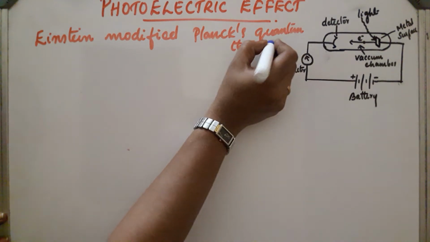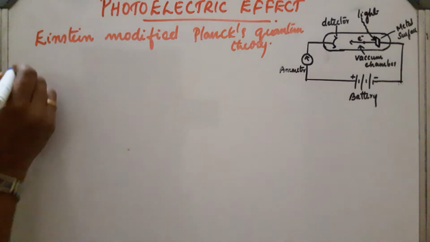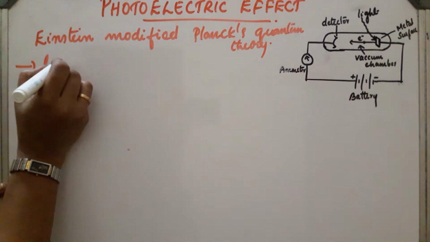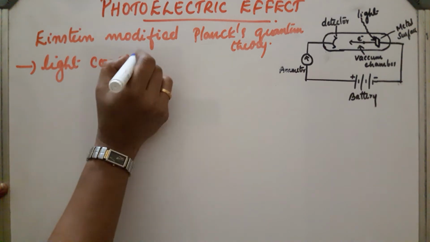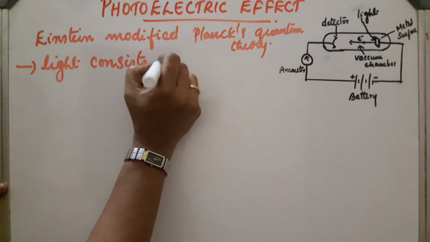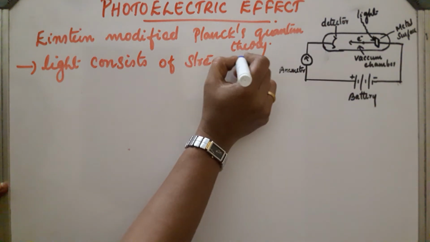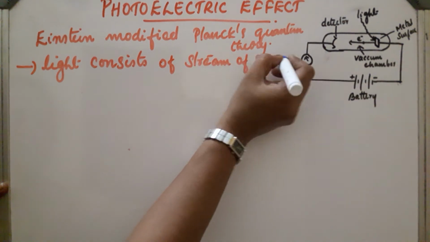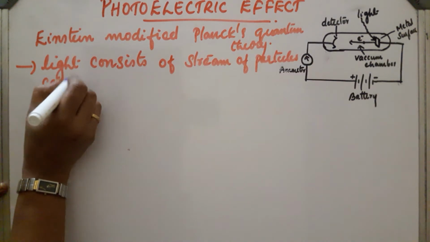According to his modified theory, first point, light consists of a stream of particles called photons.